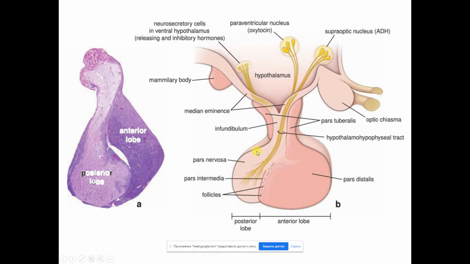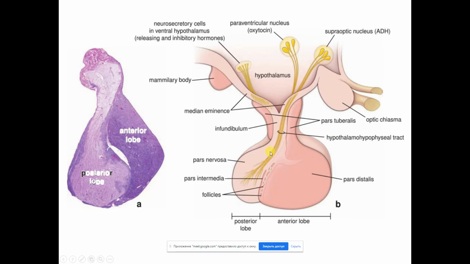Without delving deeper, we subdivide the pituitary gland into two parts: posterior lobe and anterior lobe. But if we divide it histologically, it's divided into five parts: pars distalis, pars tuberalis, infundibulum, pars nervosa, and pars intermedia.